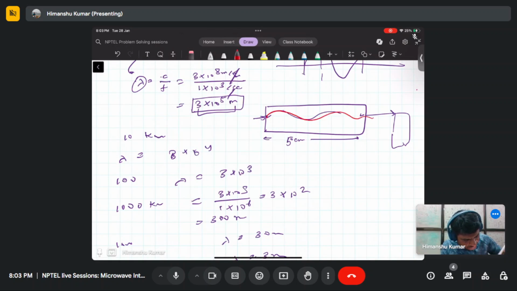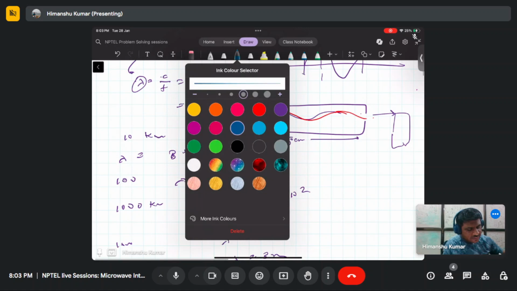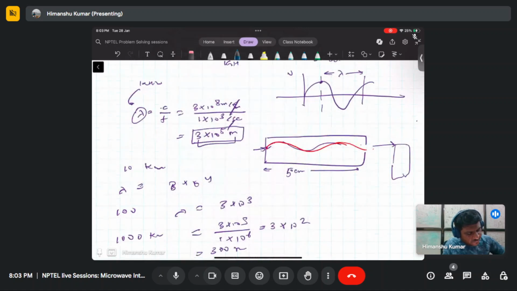Let me just draw it uniformly. Let's say this is the voltage at this endpoint, VL. Now if you change the length of the line, this will become this. If you change the length further, this will become this.